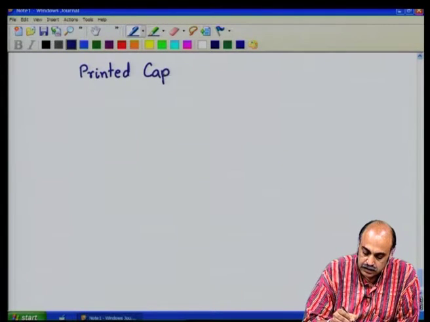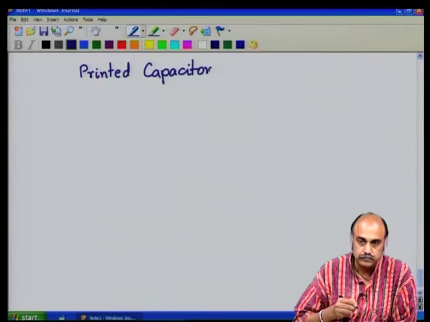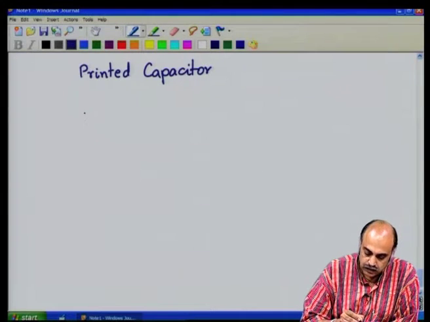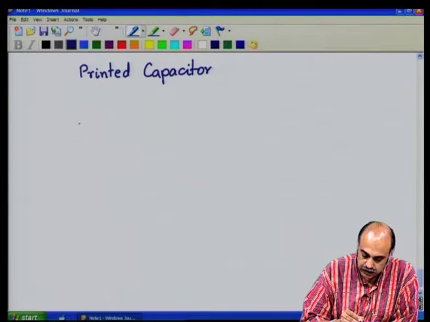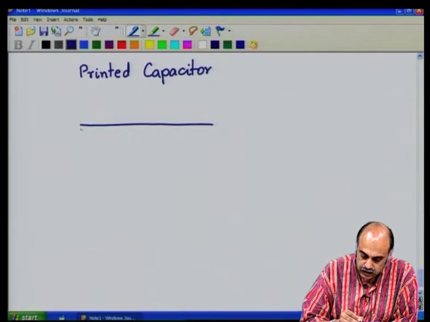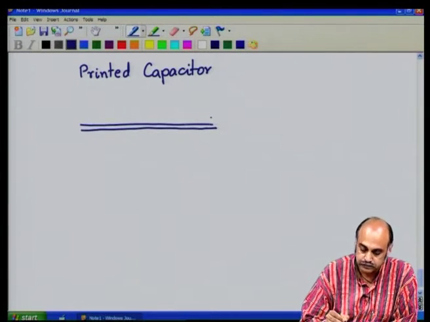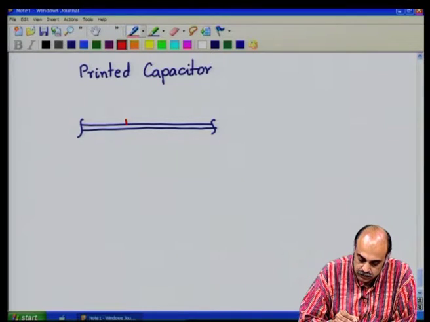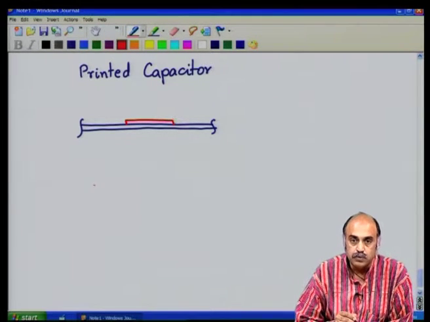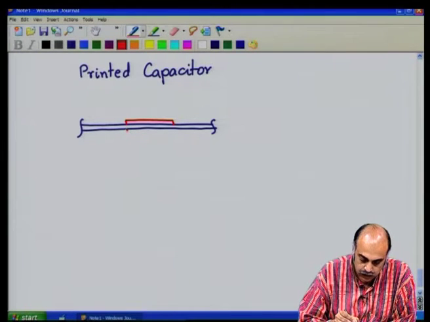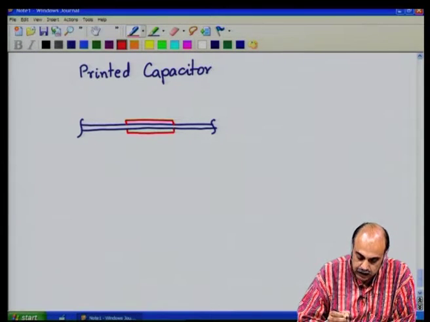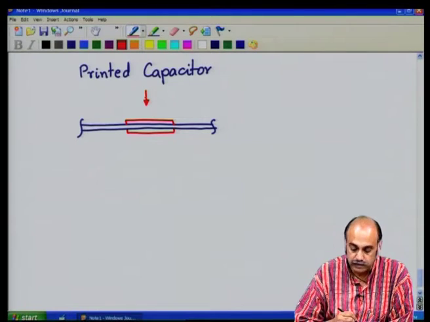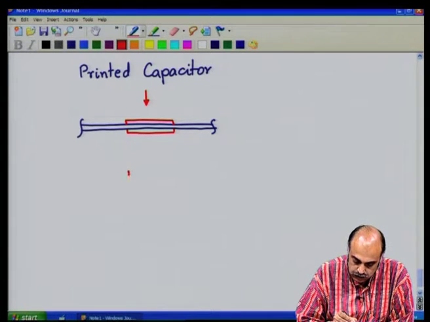If you say printed capacitor, they are made by the tracks themselves. One of the simpler ones is something like this. Let us say you have a laminate, and on the laminate, on one side you have a rectangular piece of area, and on the bottom side, another rectangular piece of area. If one looks from the top, it would appear something like this.